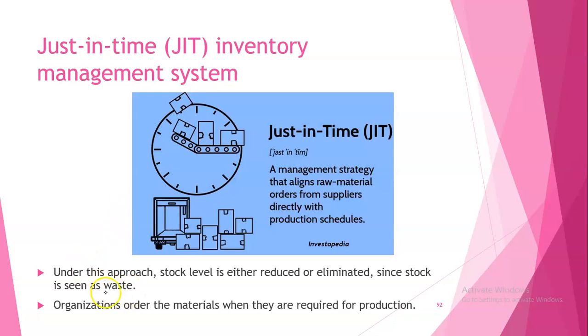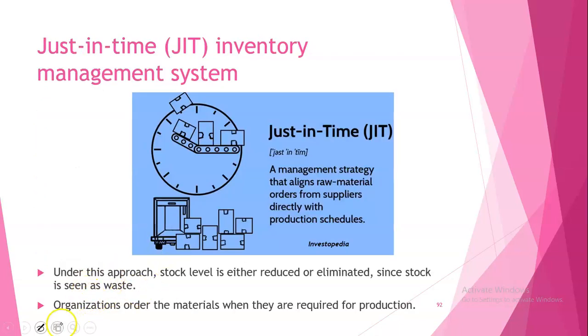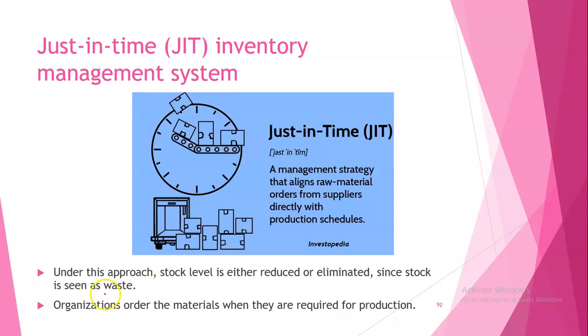All right. So, in other words, the just-in-time inventory management system is a continuation of our paradigm. We do not want to keep a lot of stock in our warehouses. Why? Because stock management itself is costly.